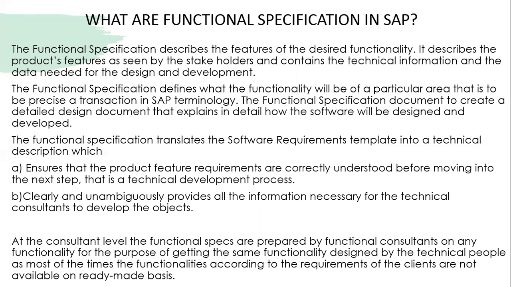Like I said, for example, if you have reports or templates that the client needs, or some tables that are not available in the standard, the functional consultant can work with the technical consultants to do some major enhancements on that table. We have forms like printouts, and we have workflows that basically run the approval process within the system.